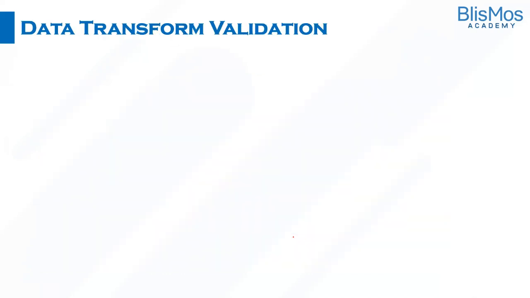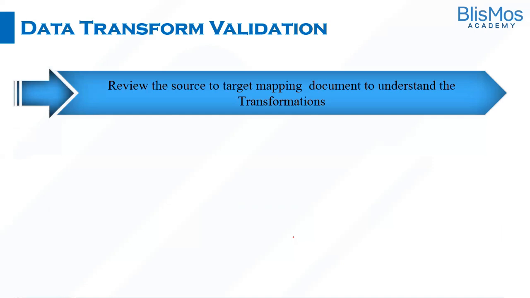Now that we understood what is transformation, what is transformation validation, and some examples of the transformation, let us look at the steps we have to perform for transformation validation. The first and foremost thing is you have to review the source to target mapping in the mapping document to understand the transformations.